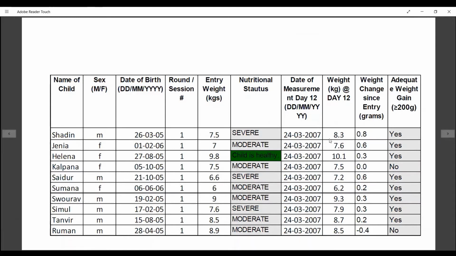This table should look familiar to you by now. These are the results you should be finding in your team. After completing the nutrition status and weight gain around day 12 and day 1, your results should look similar to this table.